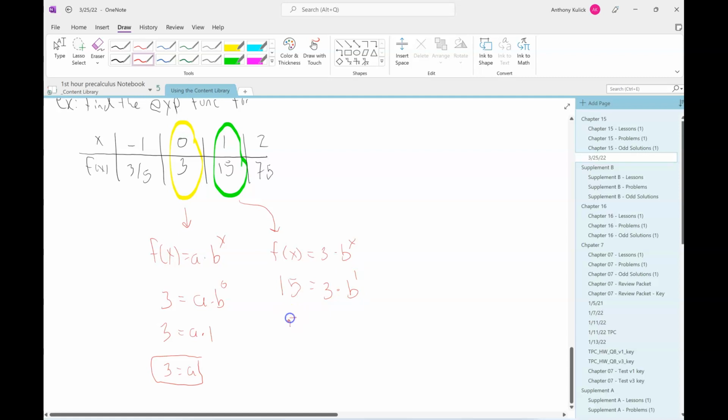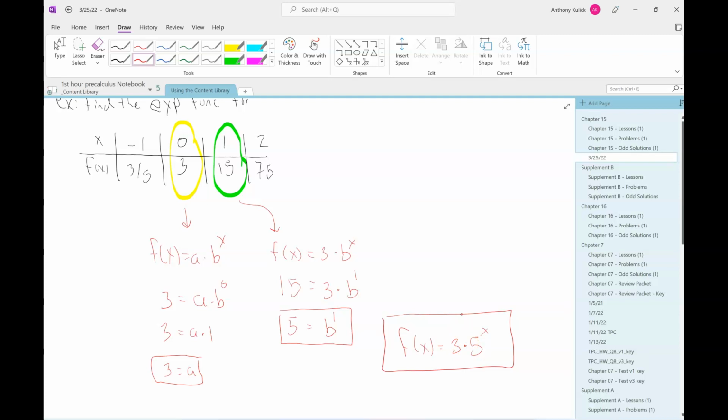If I divide both sides by 3, I get that b is equal to 5. So I get that f of x is 3 times 5 to the x. Is everybody okay with that?